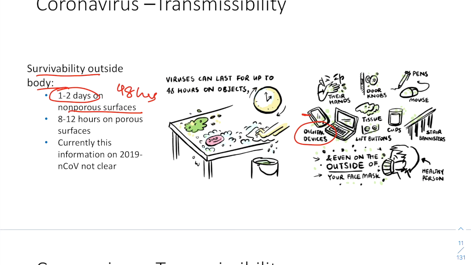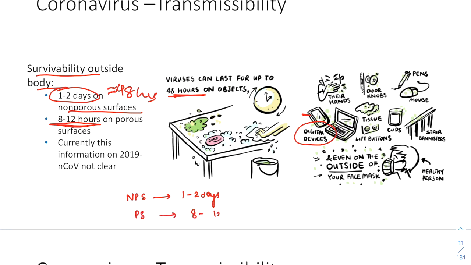Okay, while on porous surfaces like your clothes, it can survive for 8 to 12 hours.